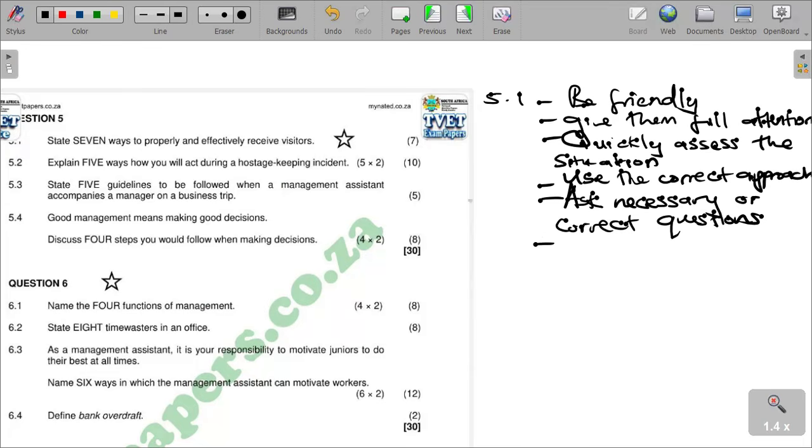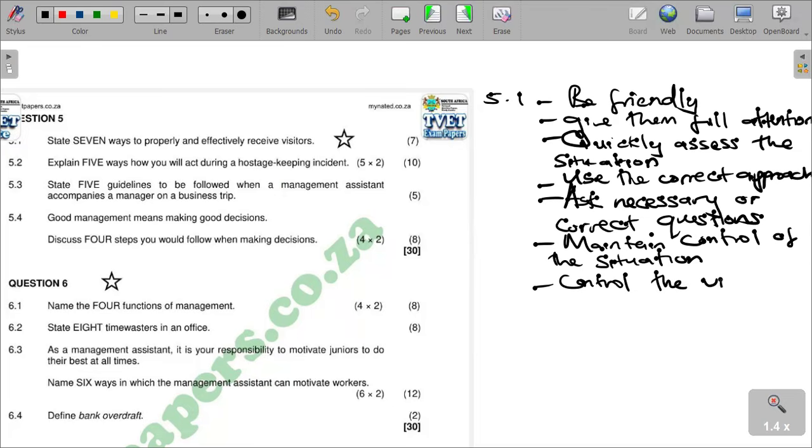You're supposed to maintain control of the situation, and you're supposed to control the visitor. Right. So let's move on to 5.2.